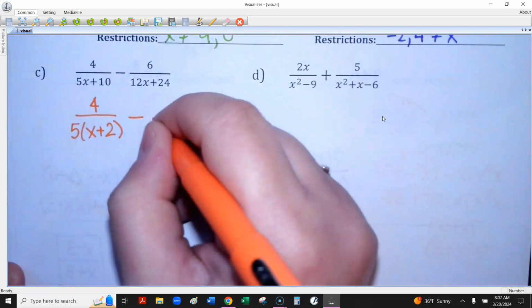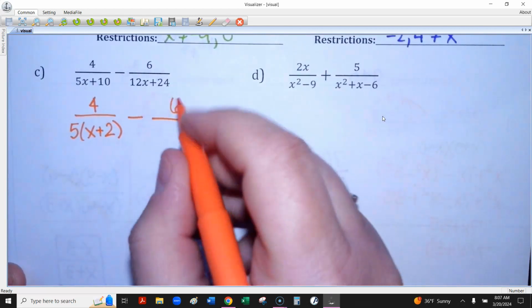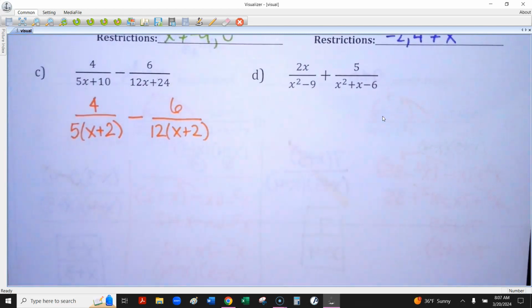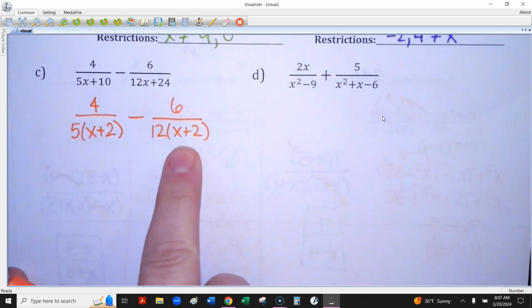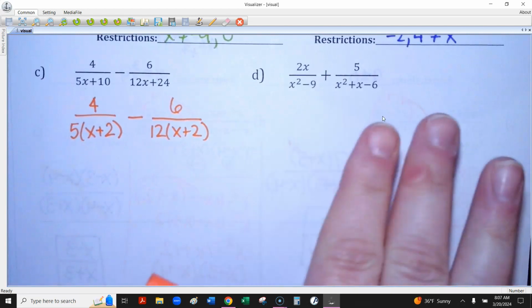We're going to subtract here. I got 6. Now both of these, 12 and 24, are divisible by 12. This is going to need an x plus 2. Now for us here, this is nice, because this has an x plus 2, this has an x plus 2. So I'm not going to need to mess around with variables on this particular problem.